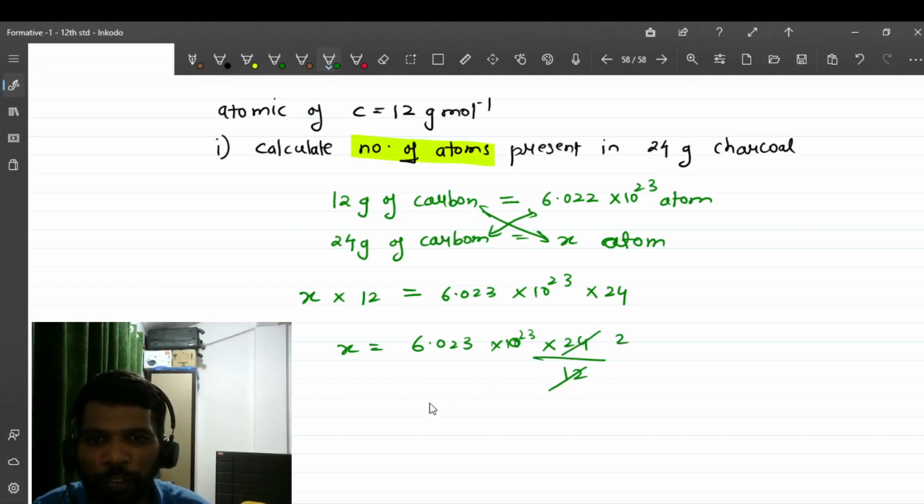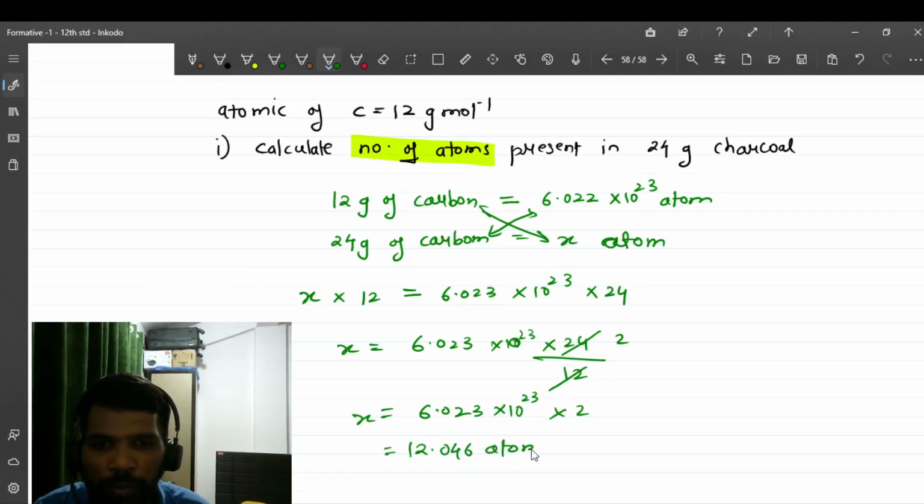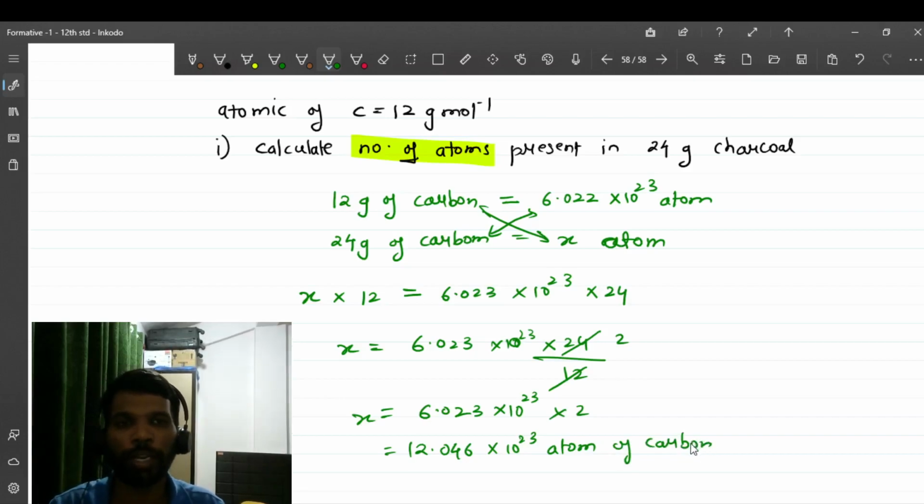So this gets cancelled. x is equal to 6.023 into 10 raised to power 23 multiplied by 2, which is equal to 12.046 into 10 raised to power 23 atoms of carbon present in 24 gram of charcoal.